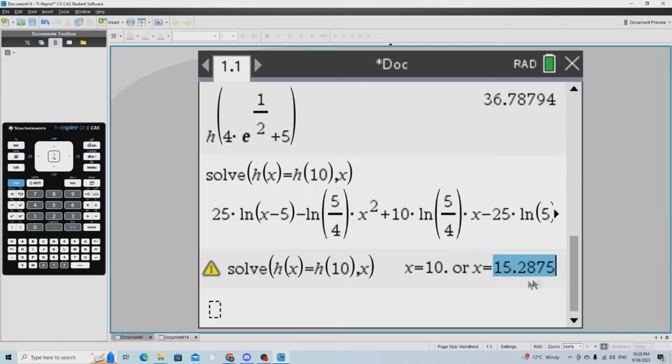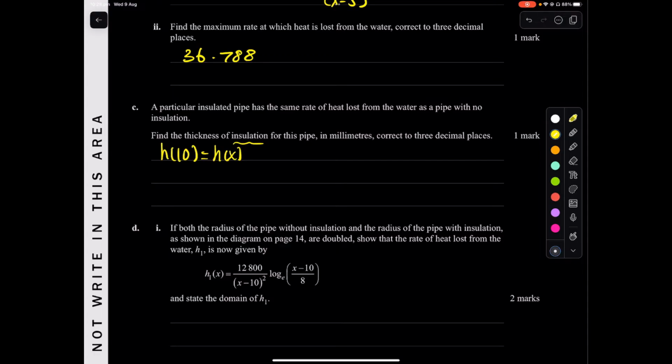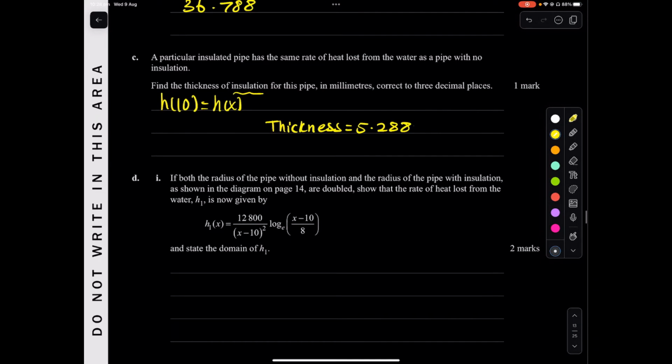Now, this value here, we must minus by 10. It gives us this over here. So that is your thickness. So your thickness is equal to, in 3 decimal places, 5.288, yeah, millimeters.